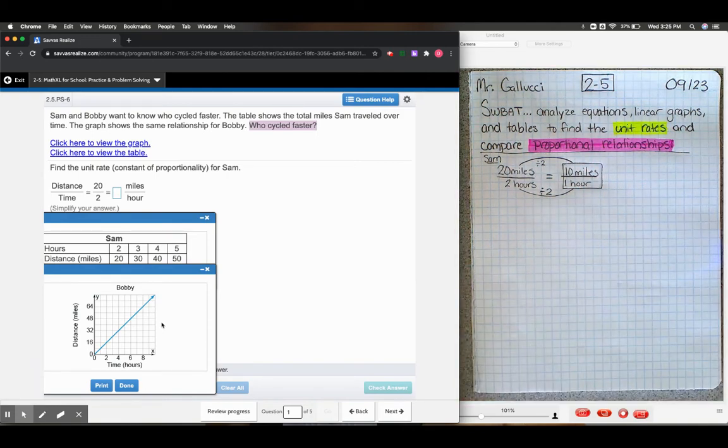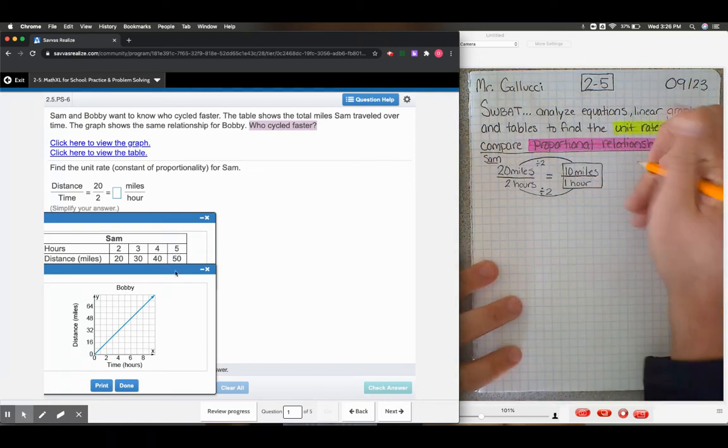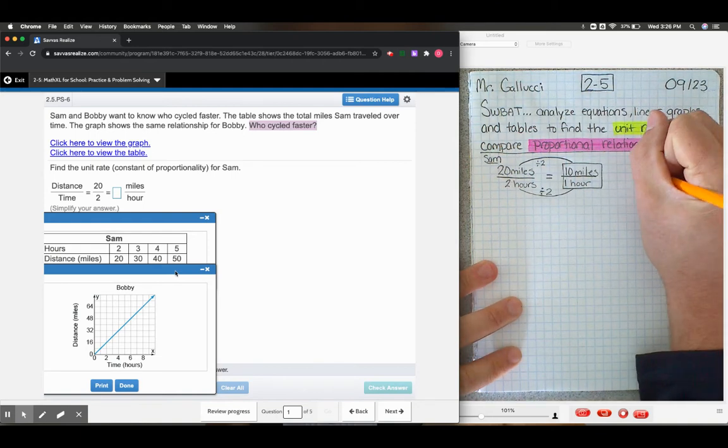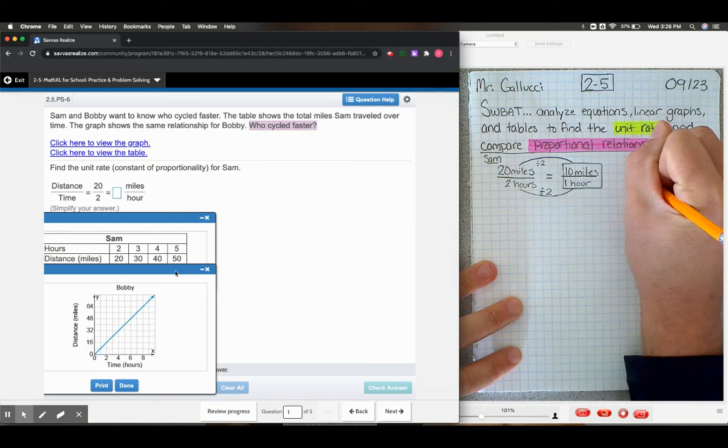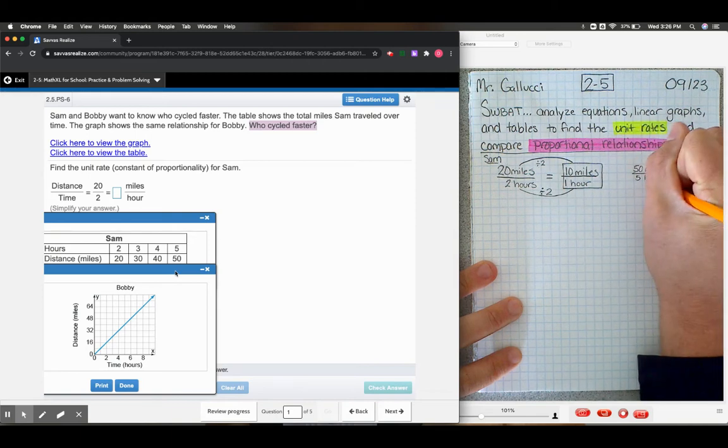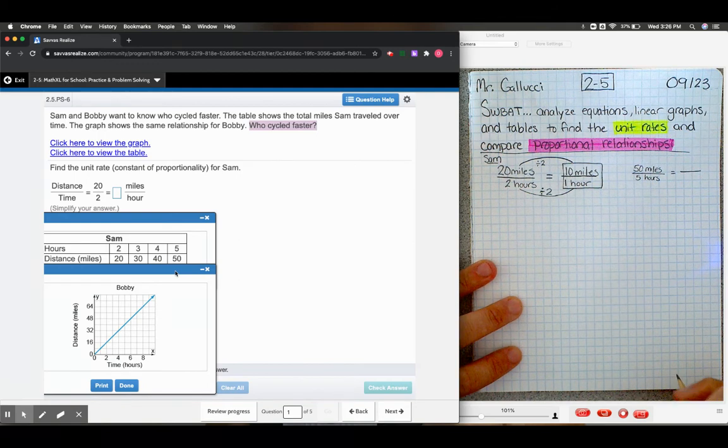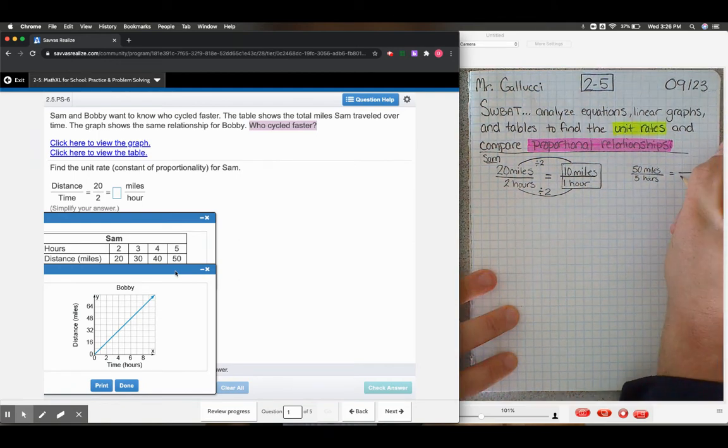Okay, and you may have a really good question. Well, what if I didn't pick this first column, 2 hours, 20 miles? Would it have worked for, like, let's say the last one, or this one, 4 and 40? So we can just quickly show you here. If I chose 50 miles, the last column, over 5 hours, we'd still need to calculate the unit rate. And so I'd put 1 hour.